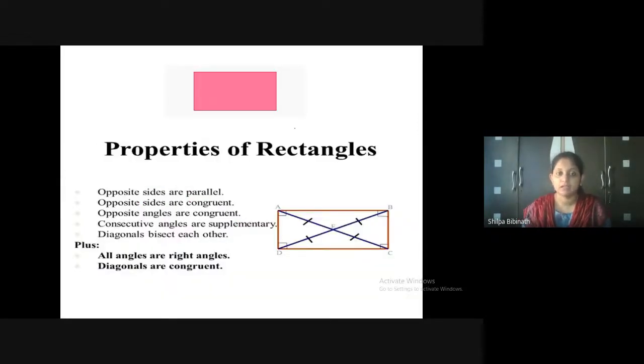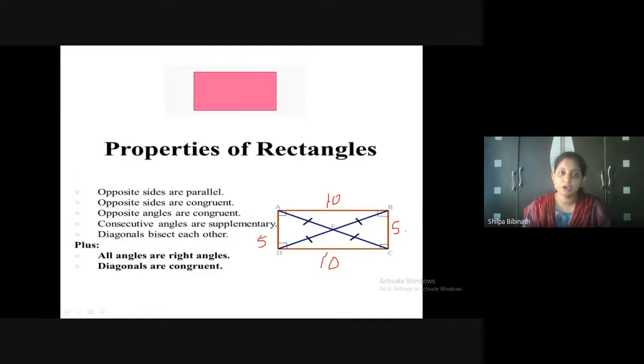Next comes the rectangle. What is a rectangle? Any shape where all the angles are 90 degrees can be called a rectangle. Now what are the properties of a rectangle? Like, this is 10, this will be 10. If this is 5, this will be 5. What does that mean?